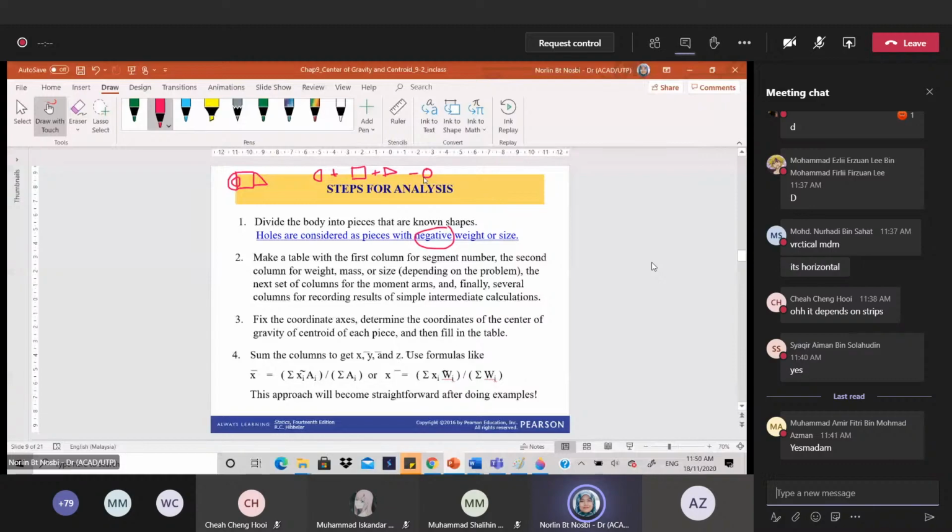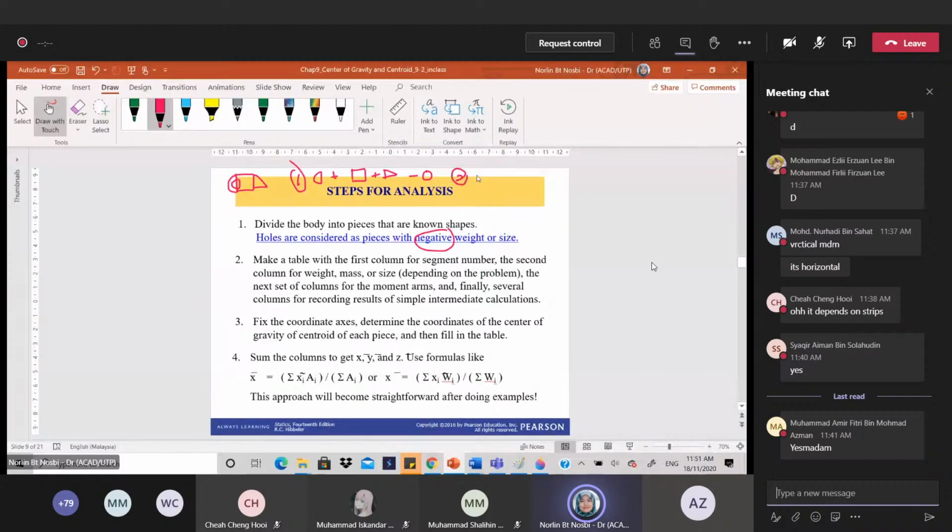Okay. Step 2, make a table with the first column for segment number, the second column for weight, mass or size, and then the next column is for moment arm. So that is the first step, okay, second step, you should make a table.